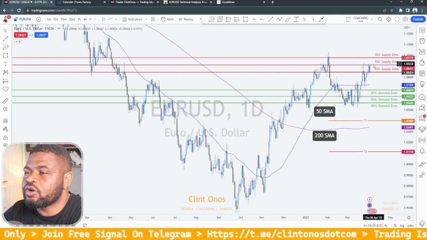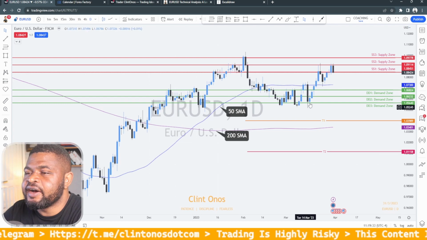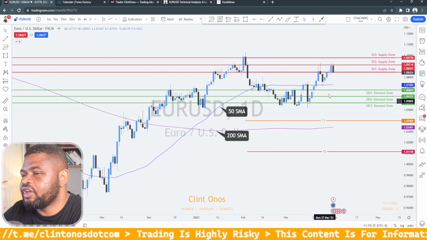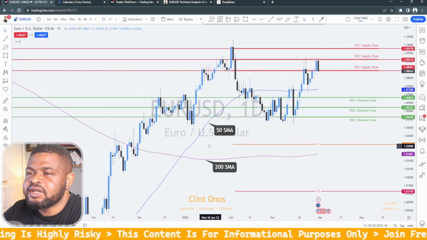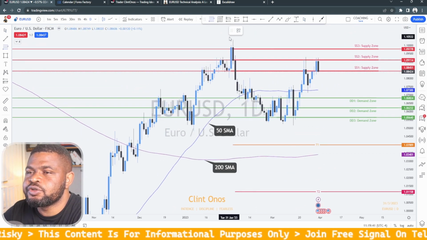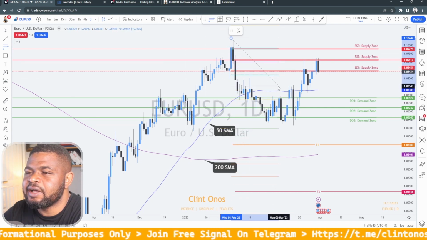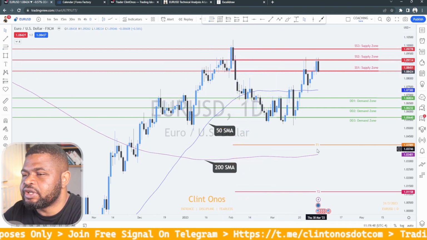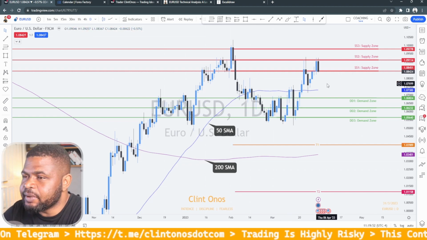Are we going to continue going down, or is this just going to be a 1, 2, 3 or ABC retracement as the case may be, and we'll continue moving upward? We don't really know at this moment, but I think we are going to go down to at least reach this target 1 level. That is my projection.